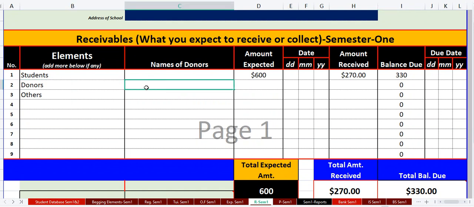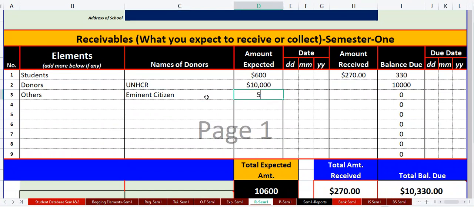Maybe UNHCR visited a school and they decided to give a grant to the school. Perhaps they say, okay, we'll give you 10,000 to run the school. And maybe some eminent citizen promise to get at least 5,000 to the school.